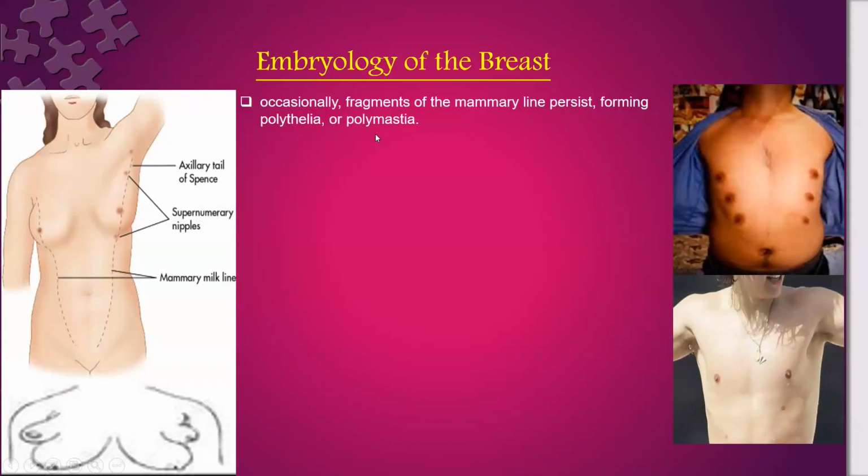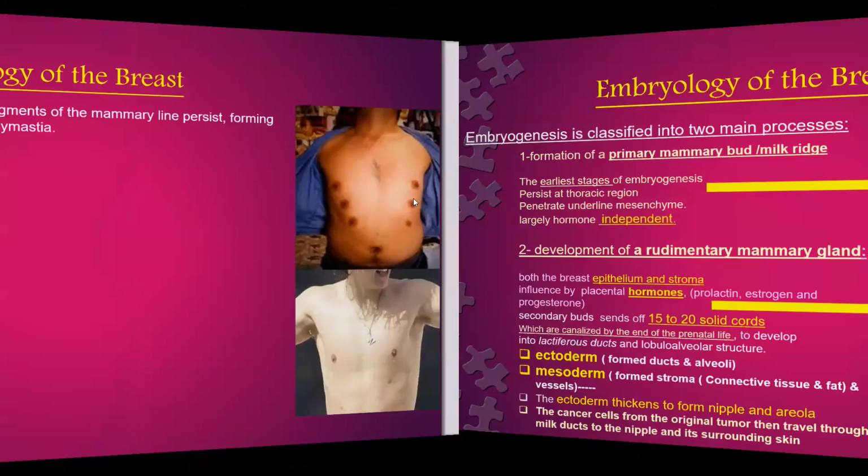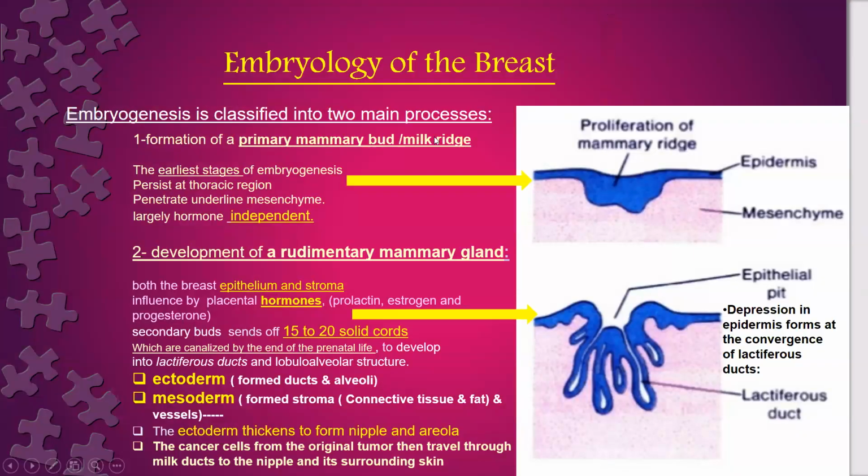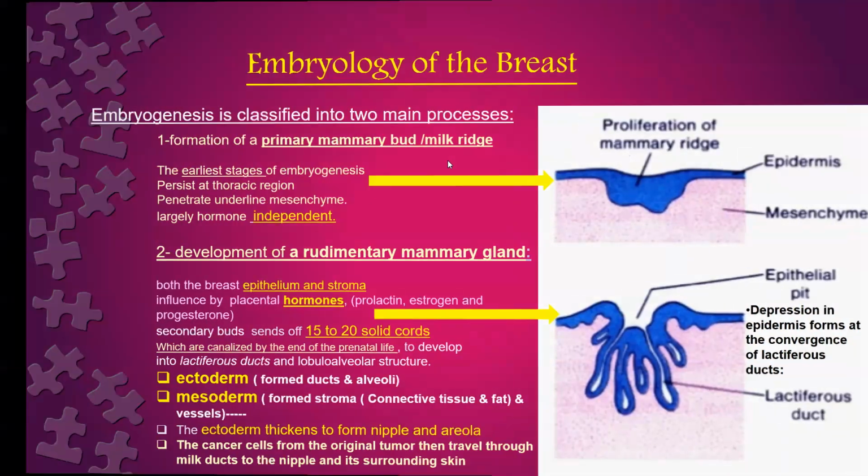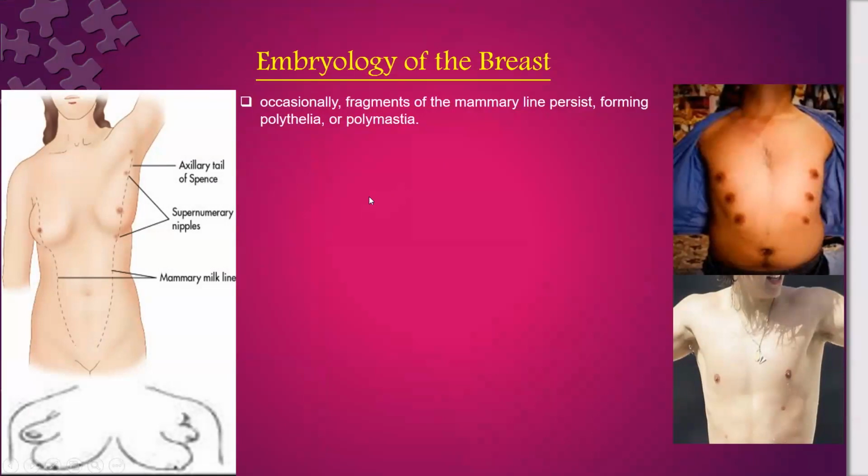Okay, so occasionally a fragment of the mammary bud, or mammary line, or mammary ridge, if it incompletely involutes... we said it has to involute except for a small area in the chest, which develops the breast later.